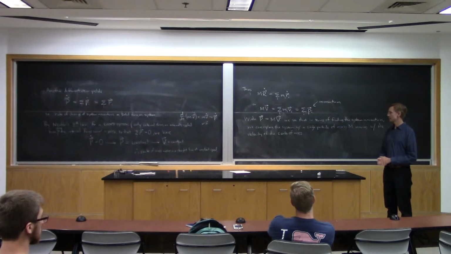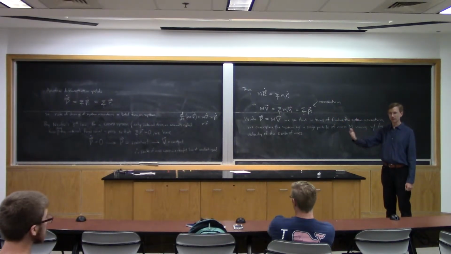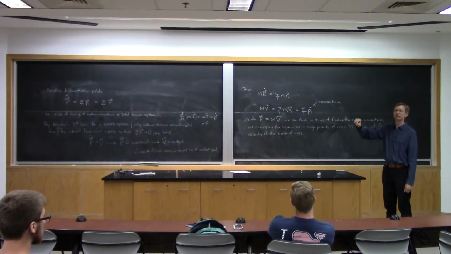So what we find is that the rate of change of the system momentum is equal to the net gravitational force exerted on you by the Earth. And what we conclude from all of this is that the center of mass moves in exactly the same way that a single particle would, having the same mass as you do, with the force applied on it being the net external force on you.